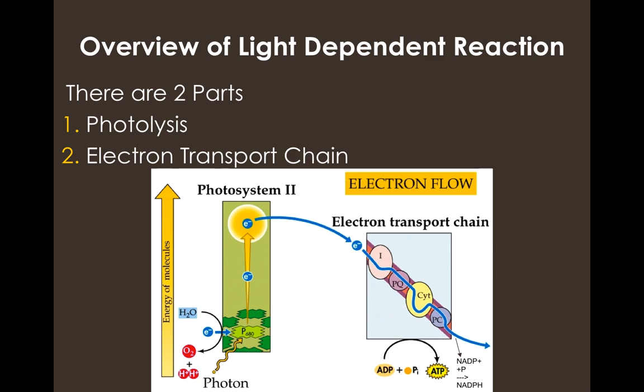There are two parts of the light dependent. Remember, photosynthesis has two phases, light dependent, light independent. We are just talking about the first phase, the light dependent. And that's broken down into two parts, one called photolysis, and the second is electron transport chain.